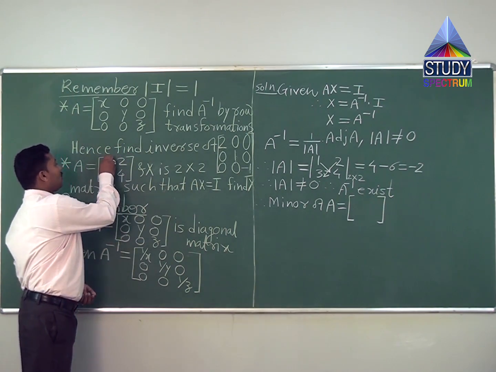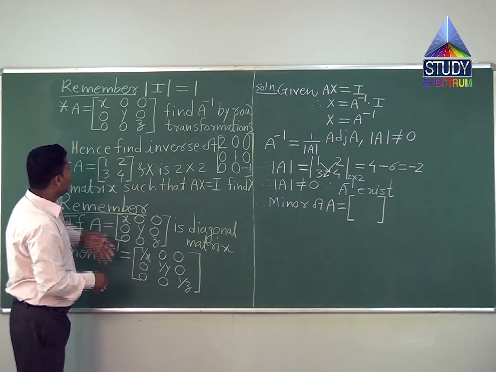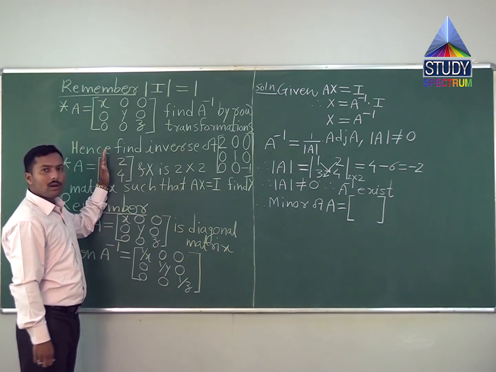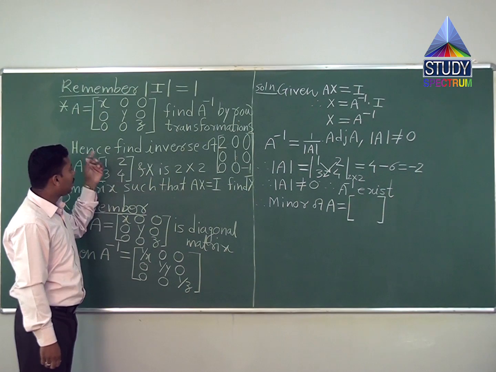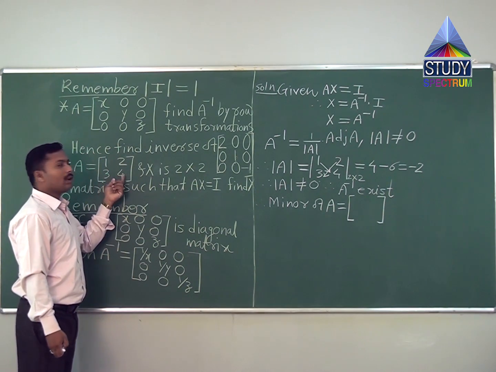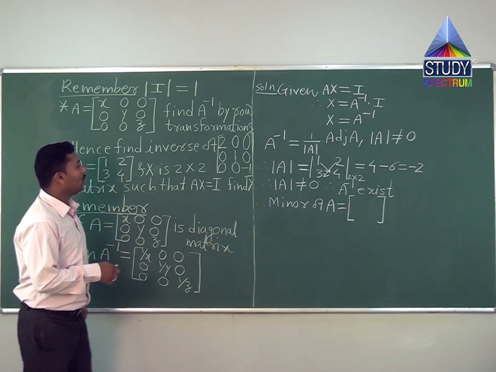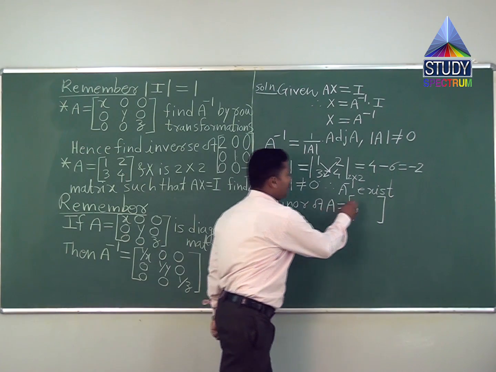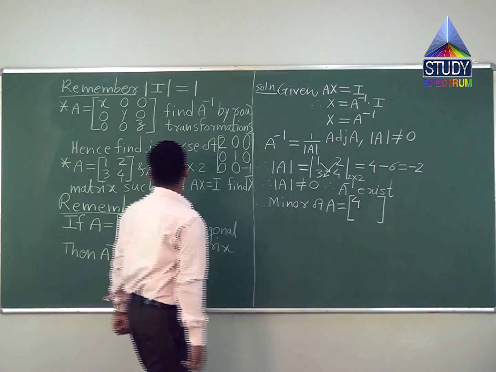What is the minor of this number 1? Delete the row and column passing through that number and take the determinant of the remaining number. What remains is 4, and the determinant of 4 is again 4.